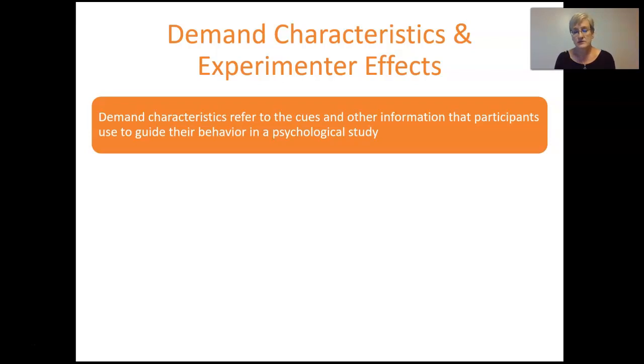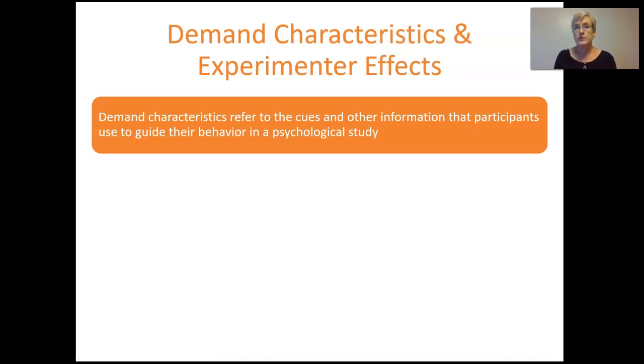Participants in experimental research, especially laboratory research, may in their own minds think, what is actually being studied here? So they're attuned to the cues that may be present in the environment that suggest how they're expected to perform. And that can then affect how they actually perform.